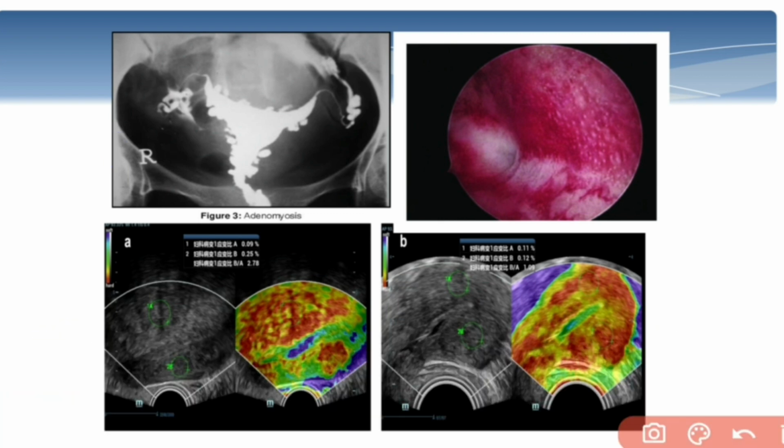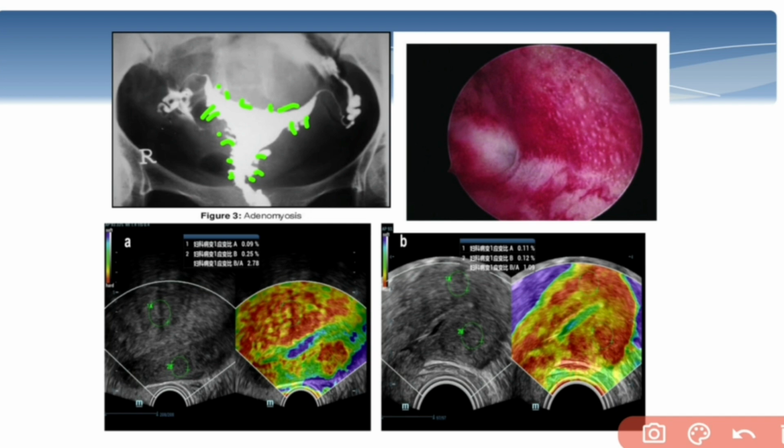Okay, what we found in hysterosalpingography: this is the uterine cavity, and there is outpouching of the contrast producing a diverticulum-like appearance. These are the features of adenomyosis in the hysterosalpingographic film.